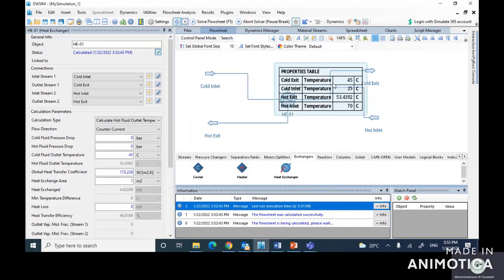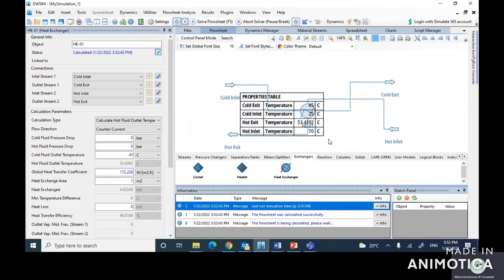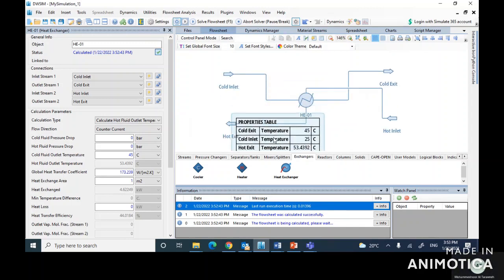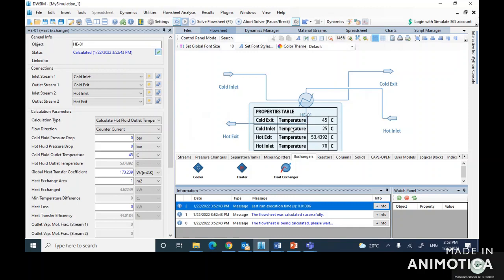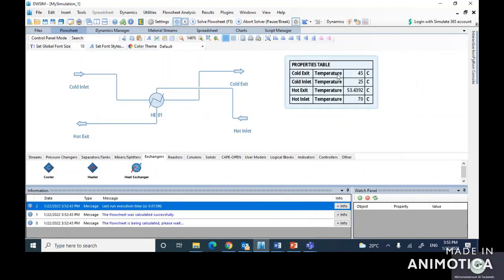Then close this one, and everything is given here. Okay, this is the exit temperature for the cold, which we have already specified before. This is the inlet temperature, which we know, and we have calculated the exit temperature for the hot fluid. It happens to be 53.